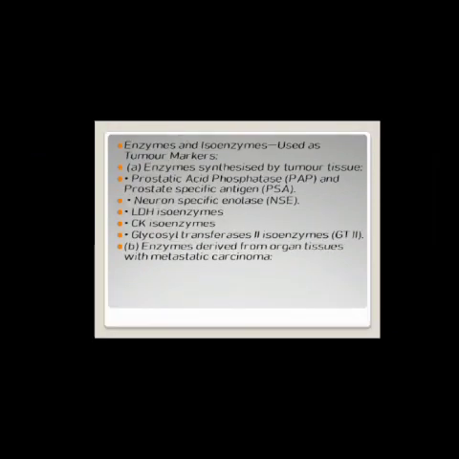And enzymes and isoenzymes used as tumor markers. Enzymes synthesized by the tumor: prostatic acid phosphatase and prostate specific antigen, neuron specific enolase, LD isoenzymes, CK. LDH is lactate dehydrogenase enzyme, and CK is creatine kinase enzyme, glycosyl transferase 2 isoenzymes, and enzymes derived from the organ tissue with metastatic carcinoma.